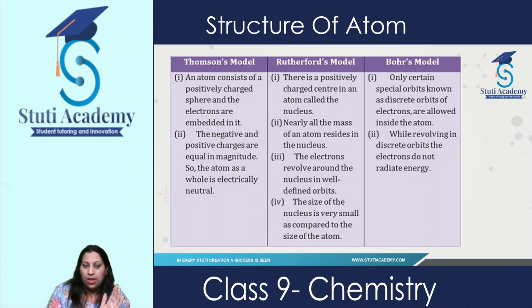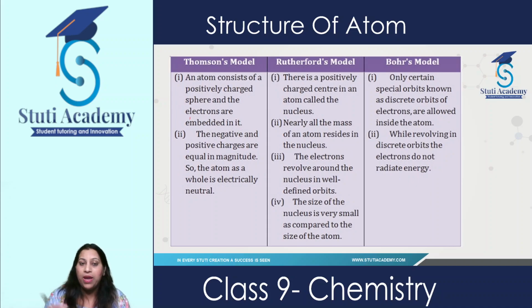And he said that the negative and the positive charges in an atom are equal in magnitude, and that's why the entire atom is electrically neutral. So these were the postulates given by Thomson in his model.